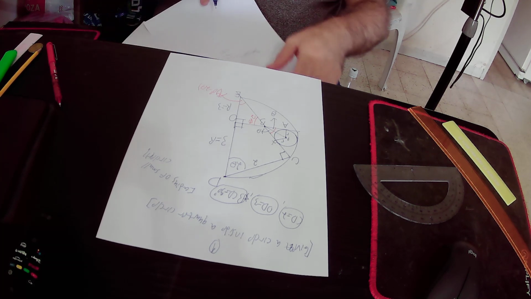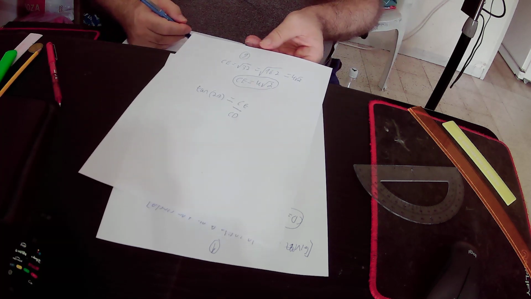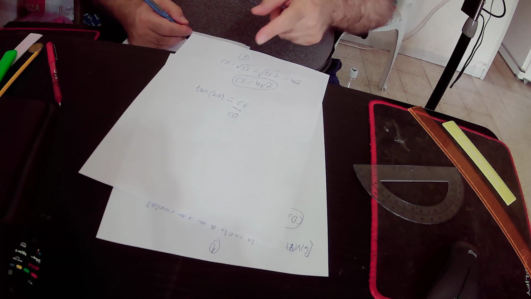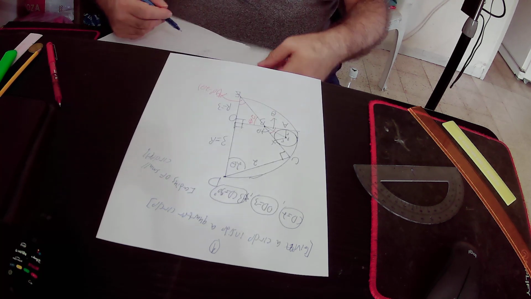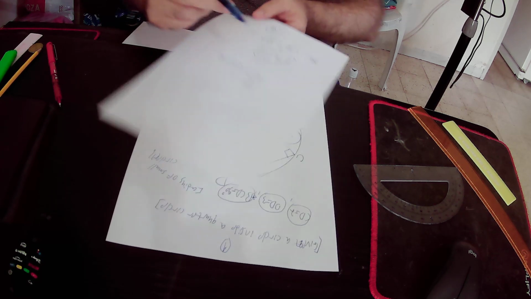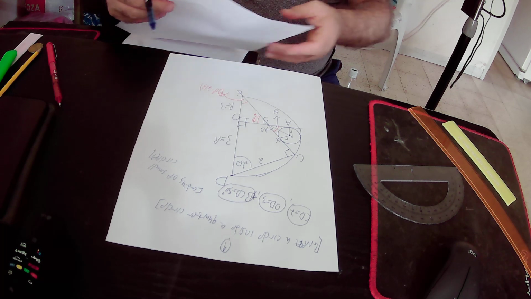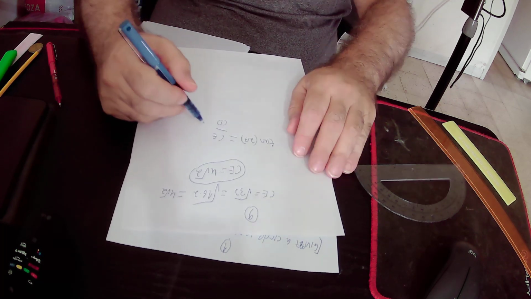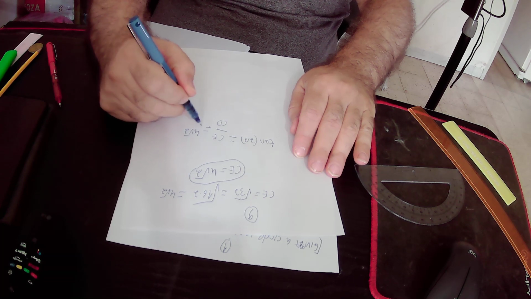Again, in the big right triangle CDE, tangent 2 theta equals CE over CD. But we have already found that CE equals 4 times root 2 and CD equals 2 units, which is given in the question.